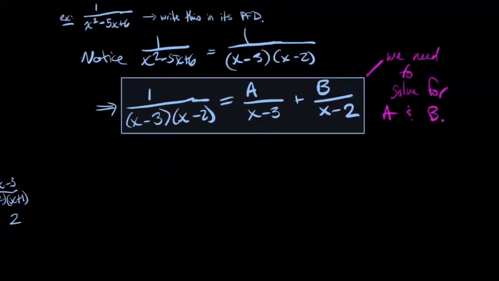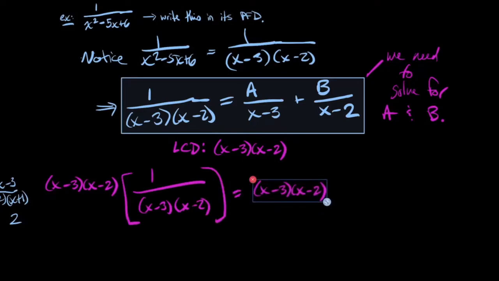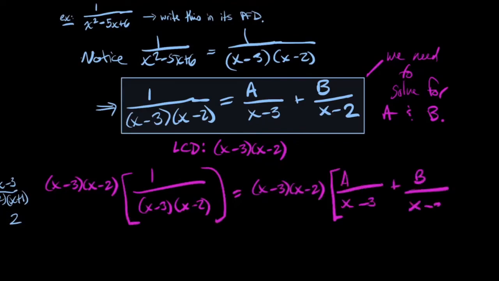So I'm going to multiply both sides by the least common denominator, which in this case we know is x minus 3, x minus 2. So if we do that on the left, it's just going to disappear. And if we do it on the right, not everything's going to disappear, but a few things are going to disappear.